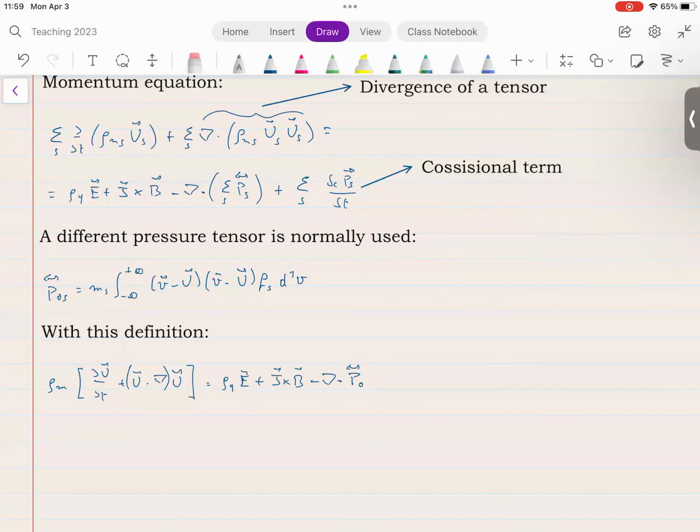And of course, we're going to drop the subscript. The reason is that this is what we're always going to use, and it just needs to be understood what it is that we're using.